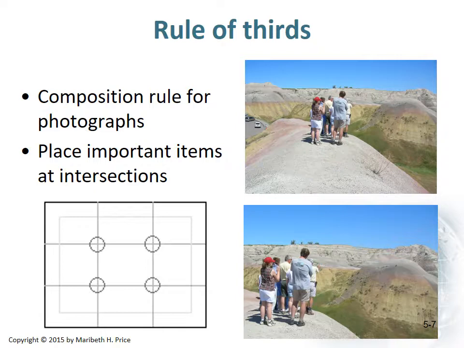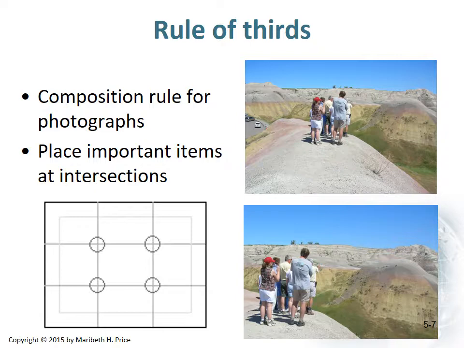And this is what people will typically do, is they'll put the object of the photo right dead center, and it shows a lot of information about the background on all sides, but it's really not as interesting as the one below. If we take advantage of that location on the rule of thirds diagram and say, well, I'm going to put my group of people over here, then it opens up the rest of the photo to really emphasize the background.